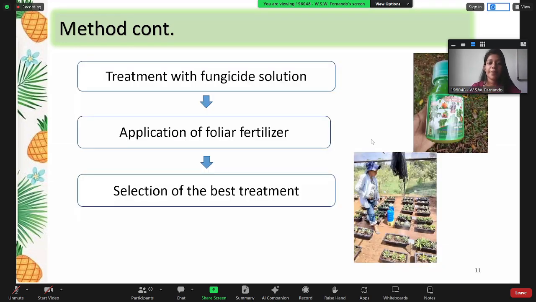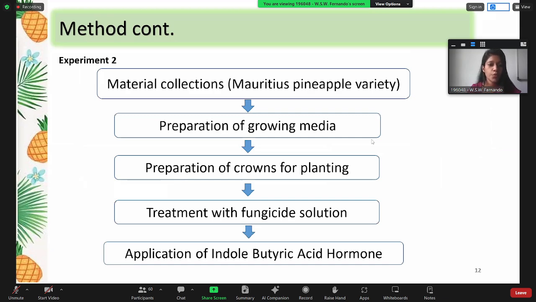Then, after the preparation of crowns, all the crowns were treated with fungicide solution for 5 minutes. And after 1 week of planting, a foliar fertilizer was applied for all the crowns. Then, at the end of experiment 1, the most effective base treatment was selected to conduct experiment 2. In experiment 2, initially material collection and preparation of growing media were done as in experiment 1.